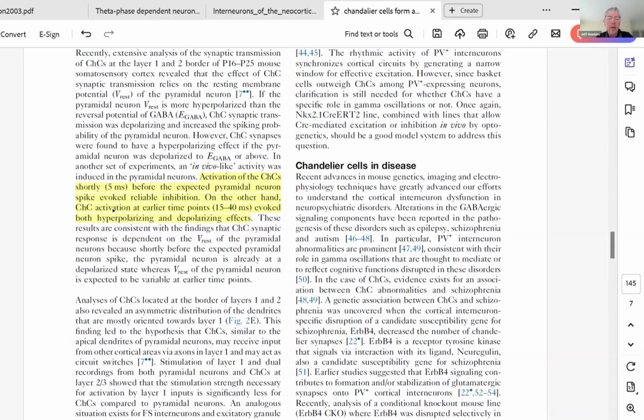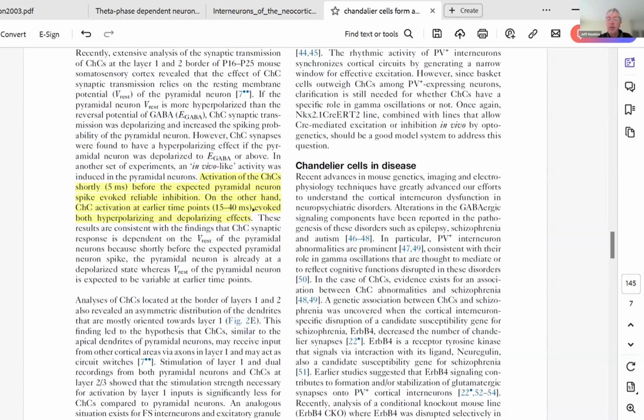On the other hand, activation of the chandelier cell at earlier points in time evoked hyperpolarization and depolarizing effects. They're saying that if the chandelier cell fires right before the pyramidal cell is about to fire, it will inhibit the pyramidal cell. But other times it might excite or make the cell more likely to fire.